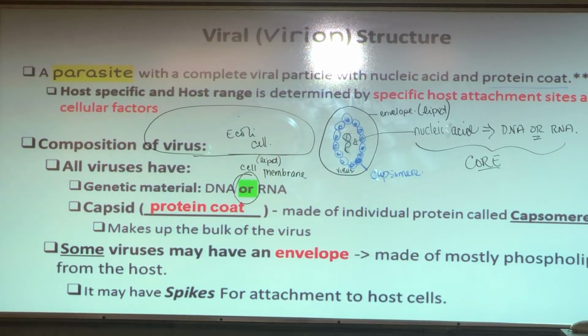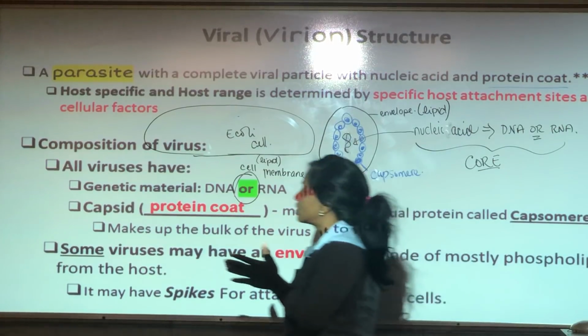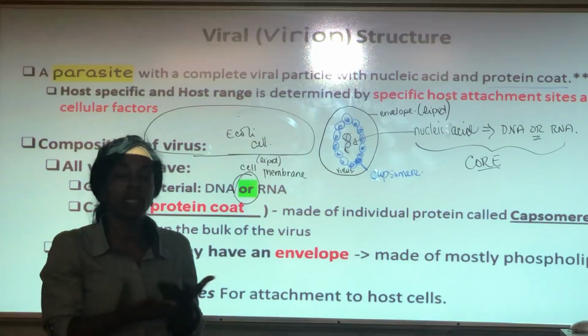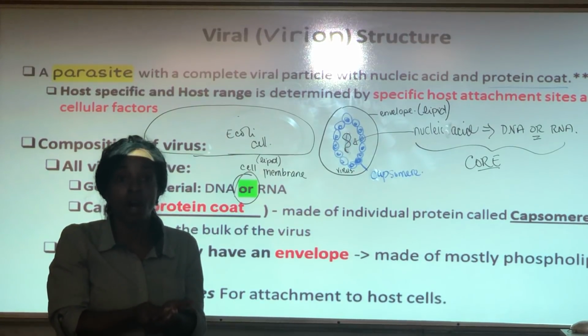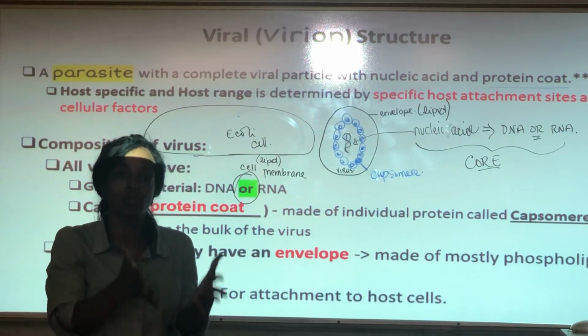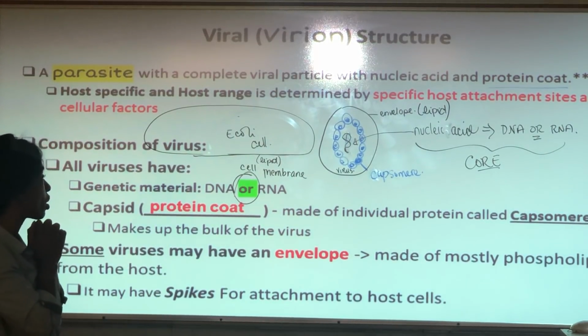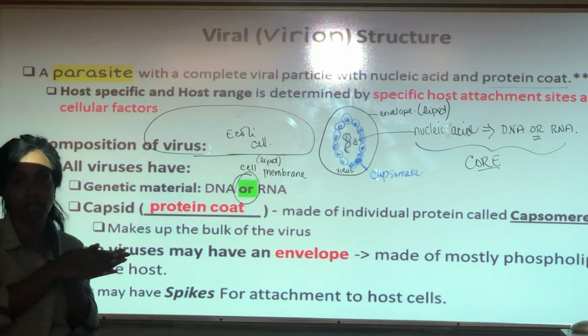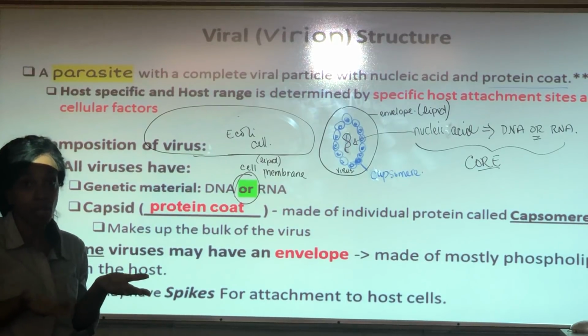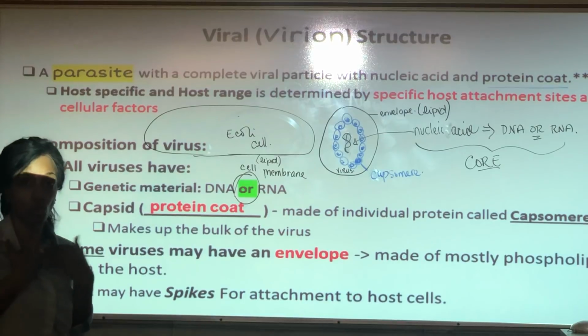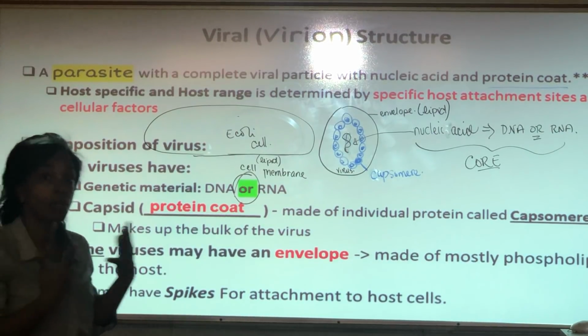One thing that we did not go over in the slide is what it means to be host-specific and range-specific. Each virus can only interact with a certain cell, right? For example, this virus that I drew on the board can interact with E. coli cells, which are bacteria, but it would not be able to harm humans or plants or another animal.